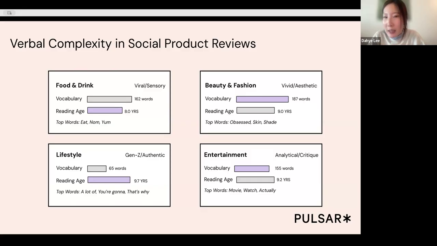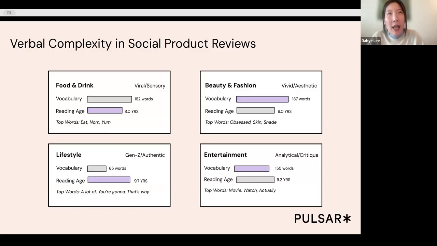And then lifestyle is an interesting one. It has the smallest vocabulary, just about 65 words, but the highest reading age, nearly 10 years. That's because lifestyle's most common phrases are conversational fillers, like "you are gonna" and "that's why".